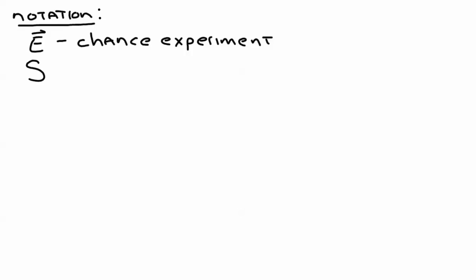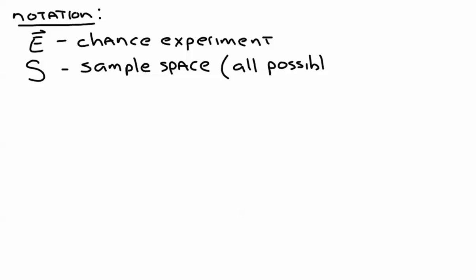Next bit of notation is a capital S. Capital S will stand for the sample space. The sample space will be the collection of all possible outcomes to our chance experiment. An outcome, then, will be represented by a lowercase English letter.